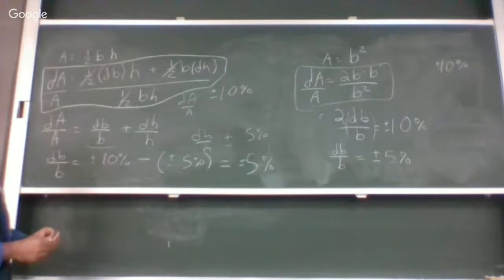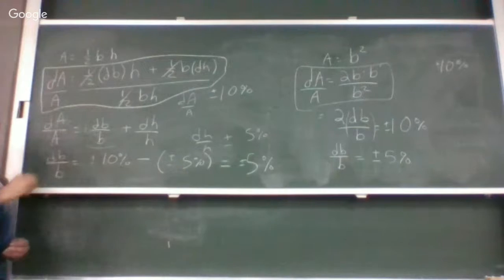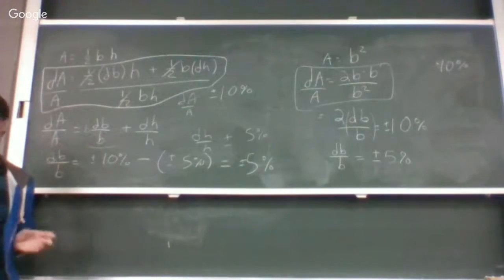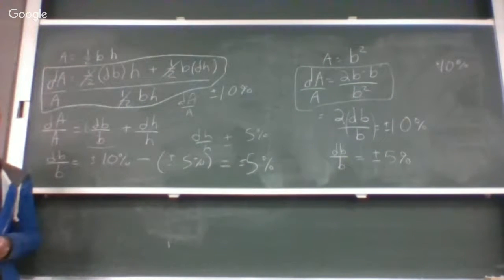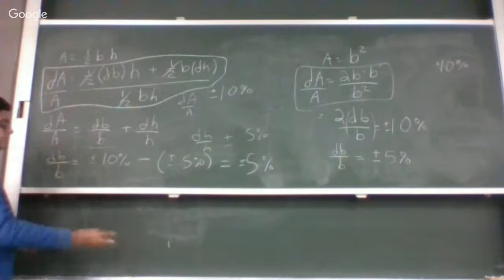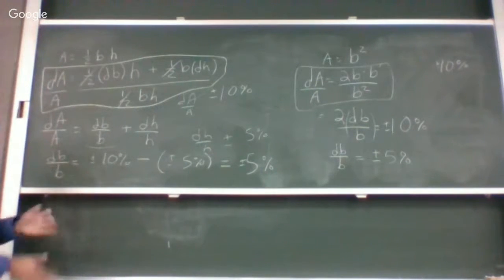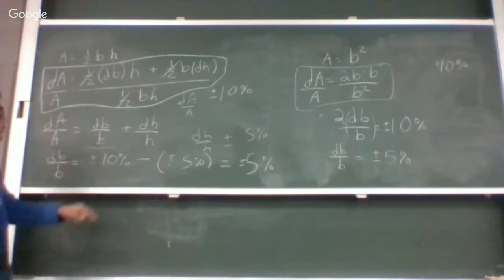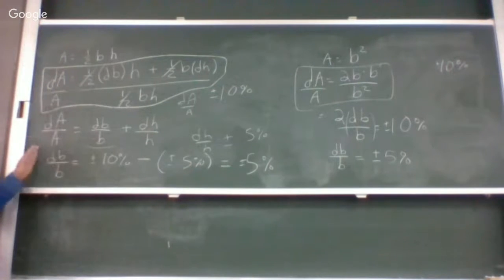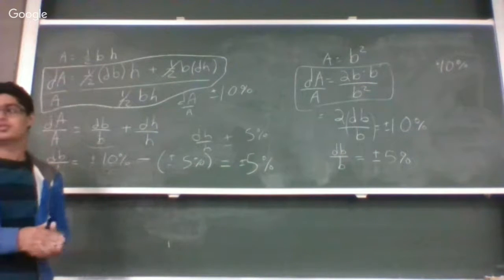And there could be times where we could have had, say, a B here being multiplied, and then they tell you when the base is 5. So they probably tell you one of those. Or they could tell you to find the dA over A when you've measured the base and the height with that much accuracy.